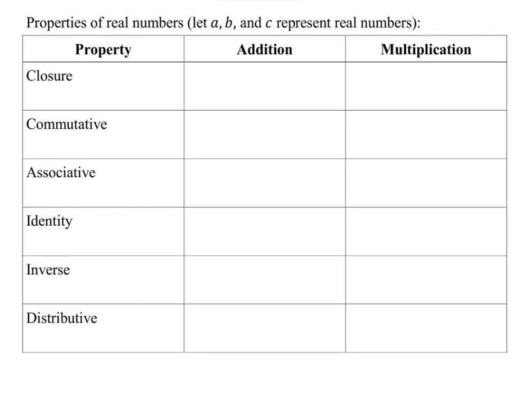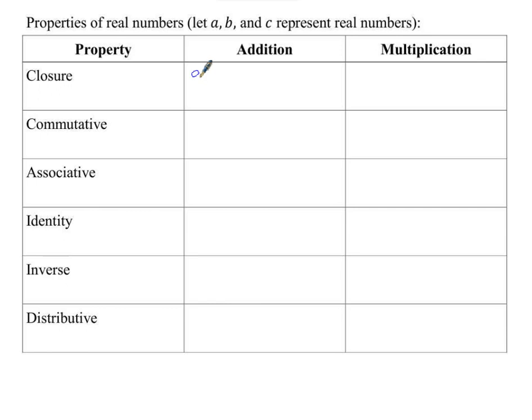All right, normally I don't do this to you, but we do have some properties here that we need to review. We have the closure property, which you may not have learned before. The closure property simply says that if I have two things that are existing in a set of numbers, and I add them together, or I multiply them together, I will wind up in that same set of numbers. Okay?